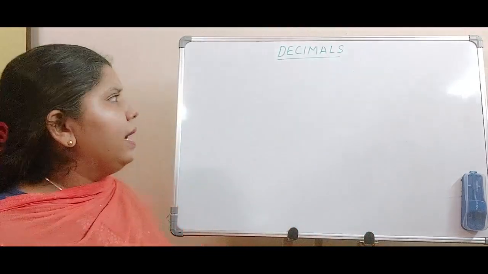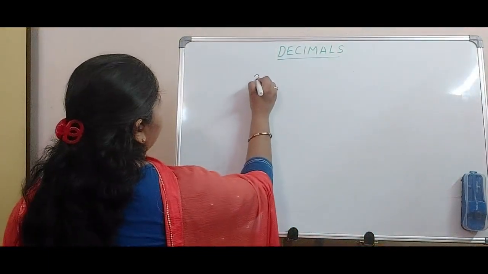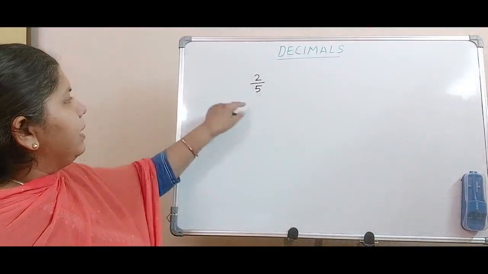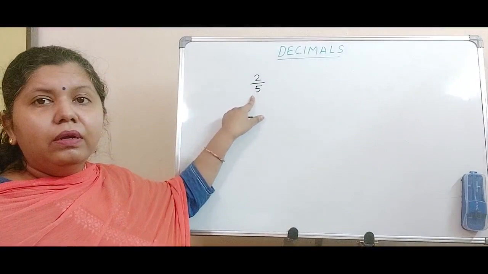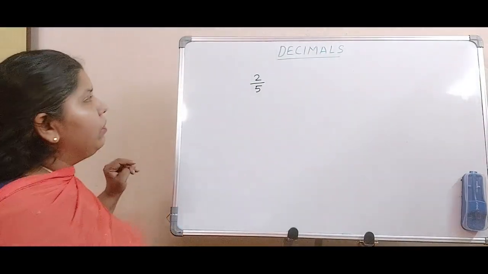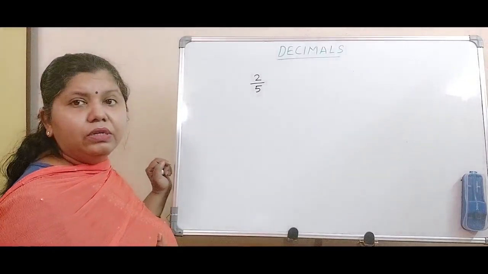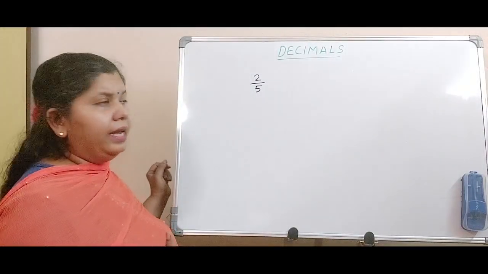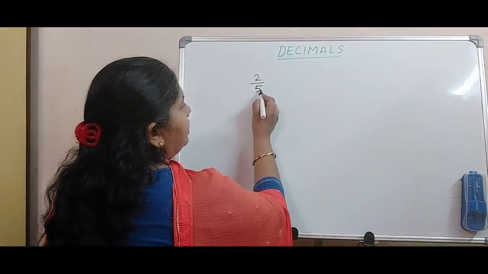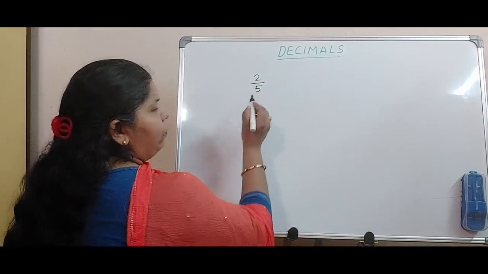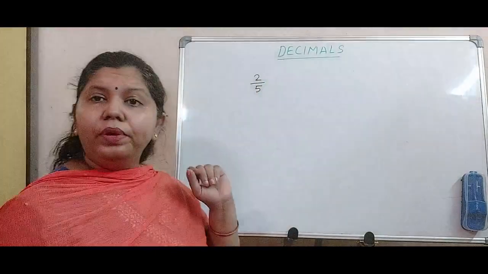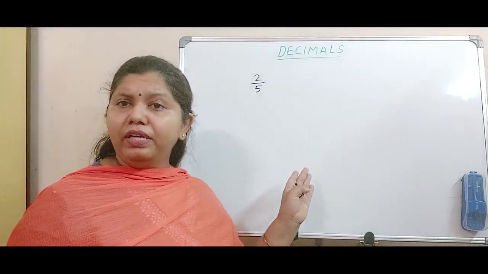For example, I write a fraction 2 by 5. Here you can see the denominator is 5. I want to convert it into a decimal fraction. So for making the denominator 10, what will I do? I have to multiply 5 by 2. If you are multiplying the denominator by 2, then you have to multiply the numerator by 2 as well. This is the concept of equivalent fraction.